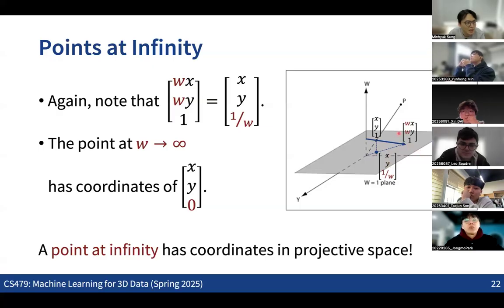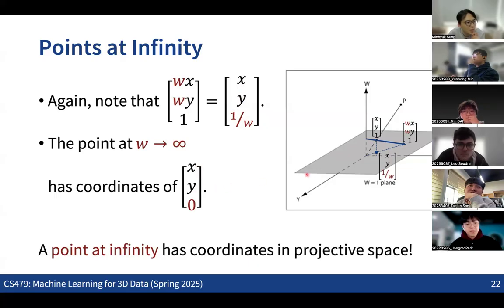So if we go to the point at infinity, that's the case where we have infinite numbers for the x and y coordinates, right? But we can represent the point at infinity with finite numbers, because the point at infinity also has identical coordinates, which become x, y, 0. As we increase w to infinity, the corresponding coordinates we get will be x, y, 0.